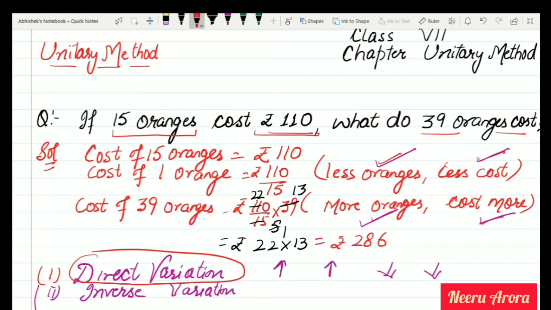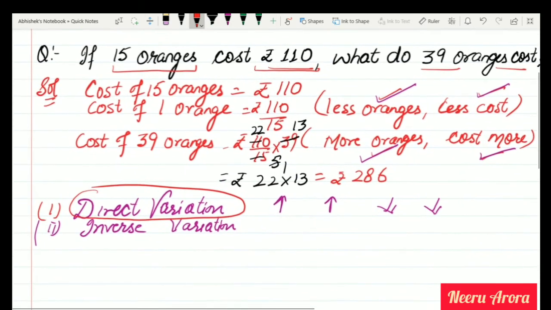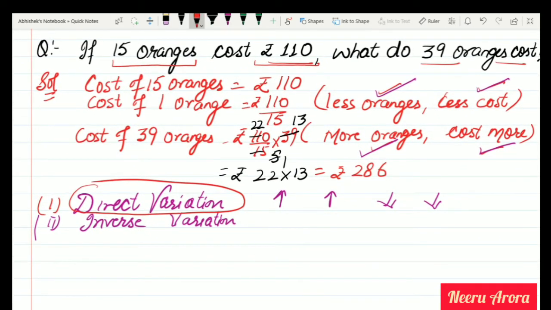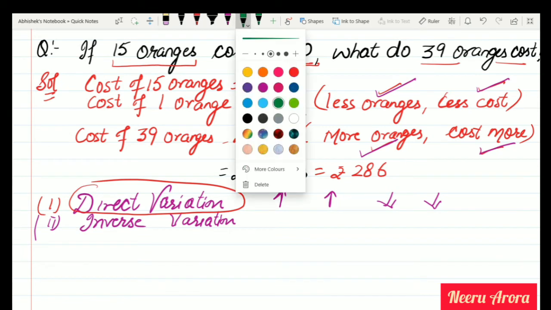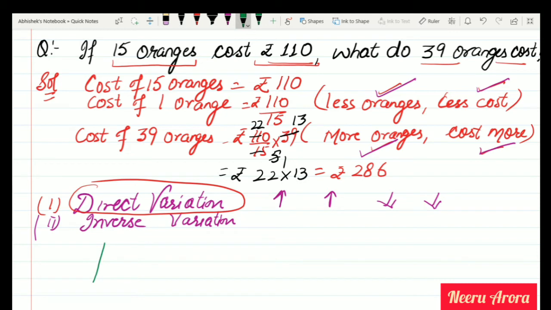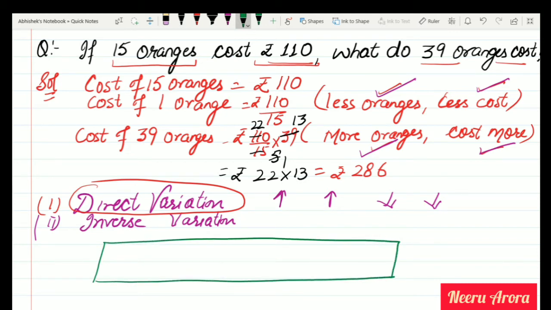So let's do this sum with the help of the direct variation concept also. Two things are here: number of oranges and cost, and they depend on each other.